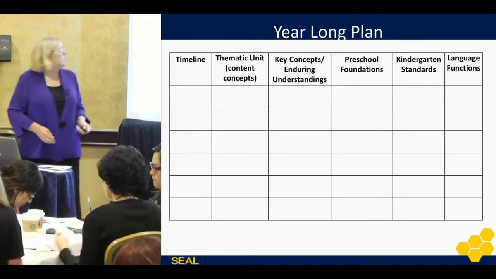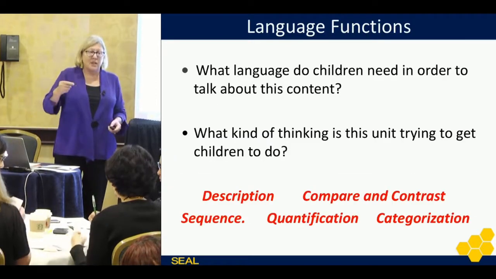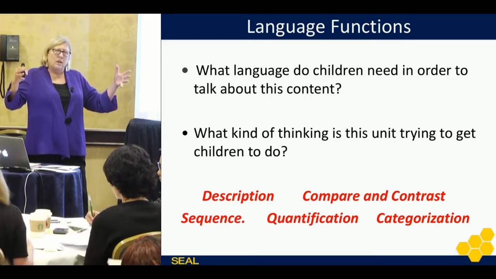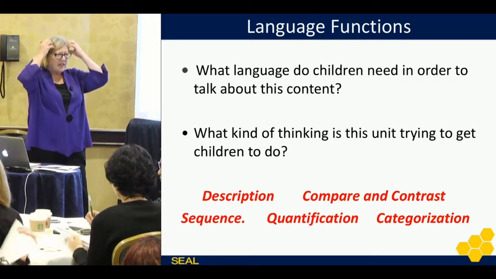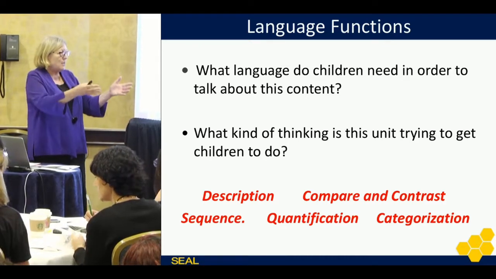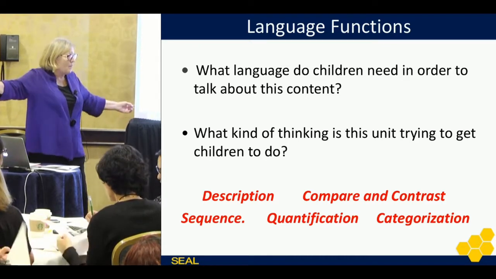So what is that about? Let me take a little bit of time to help you understand. In this unit, there's some big cognitive analytic thing we want kids to grapple with, right? For you guys, it may end up being sequence and time, right?